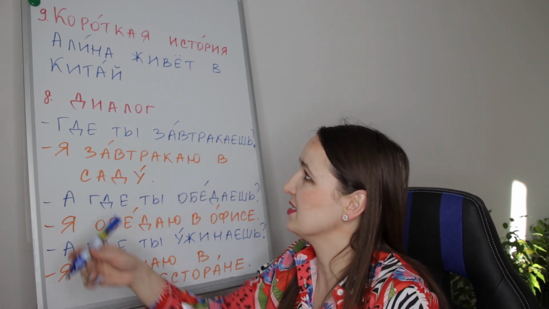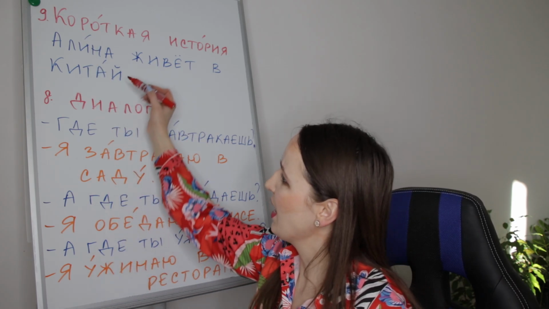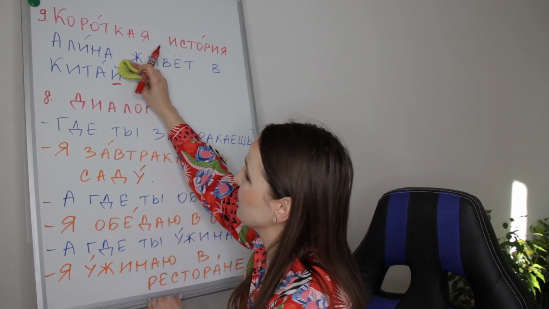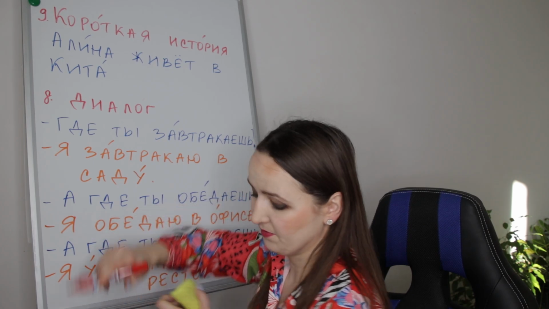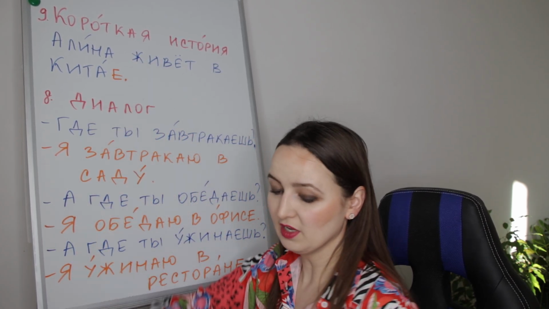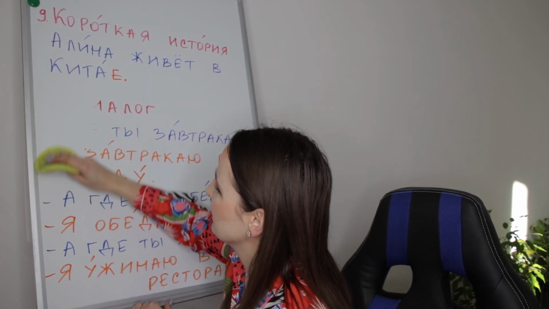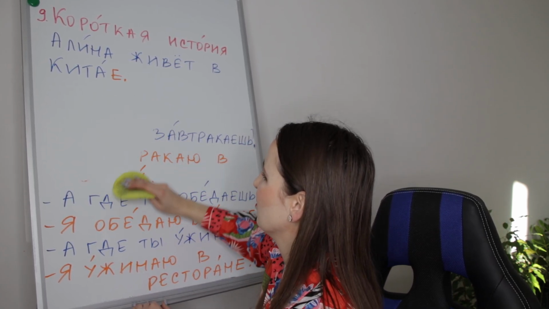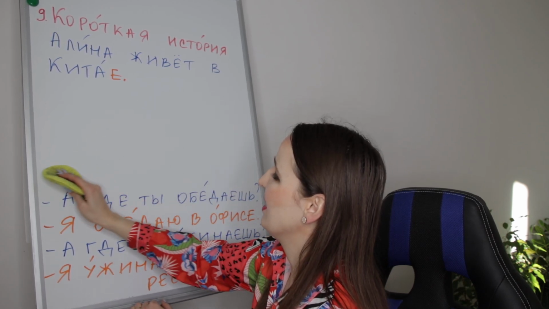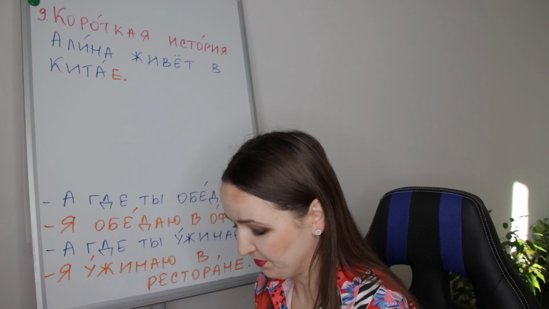Китай is masculine, ends in й, so we replace й with е to make it prepositional. В Китае. Now the sentence is good. Алина живет в Китае. Alina lives in China.